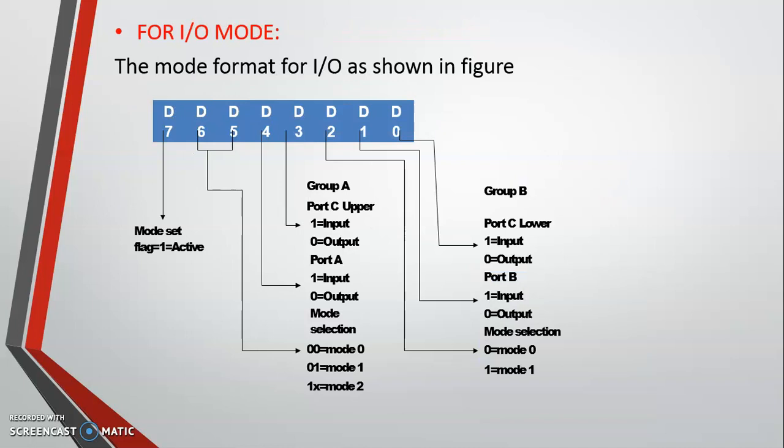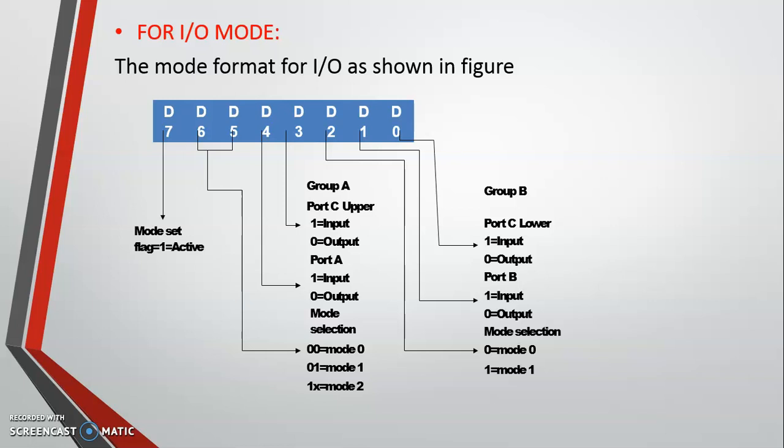Then the next mode is the input output mode of 8255. This is again a control word format. It is also 8-bit data. The D0, D1 and D2 bits are reserved for group B, D3, D4, D5 and D6 are reserved for group A, and the D7 bit is reserved for the mode set flag.